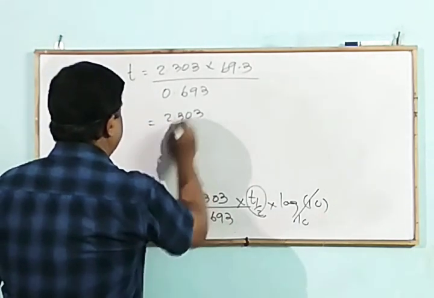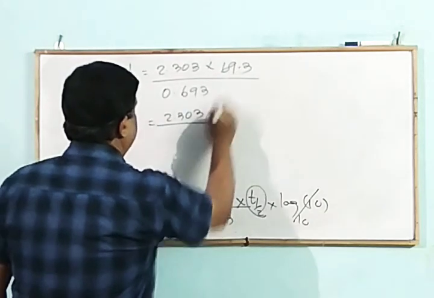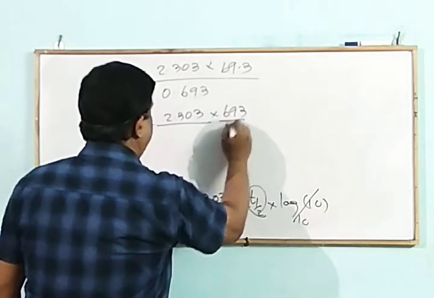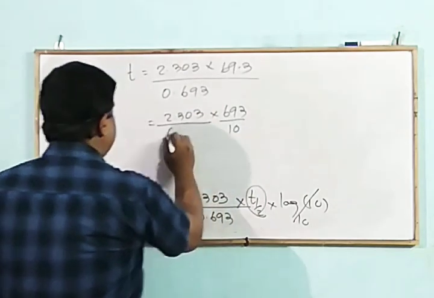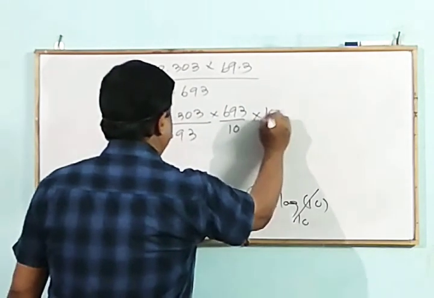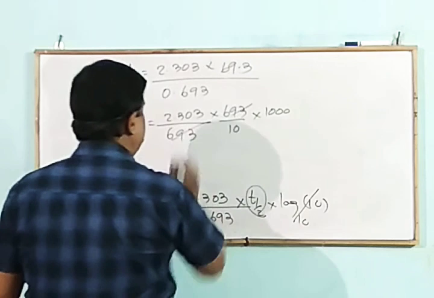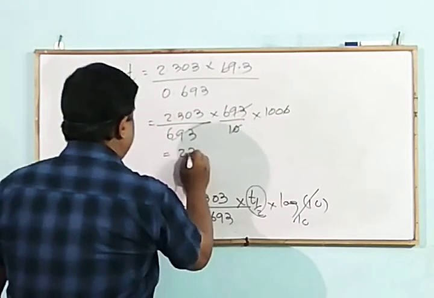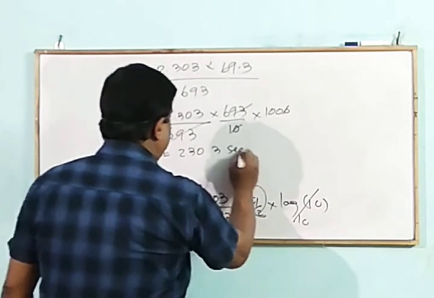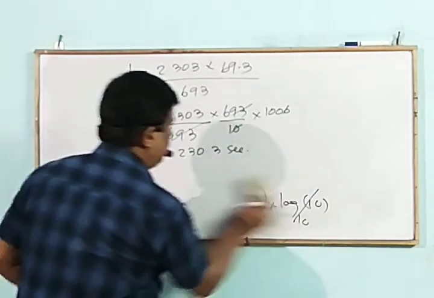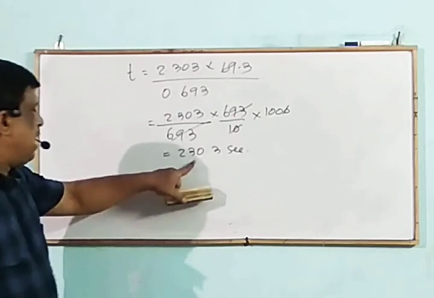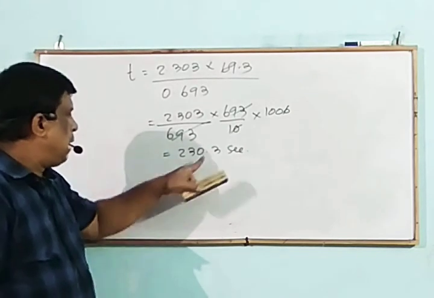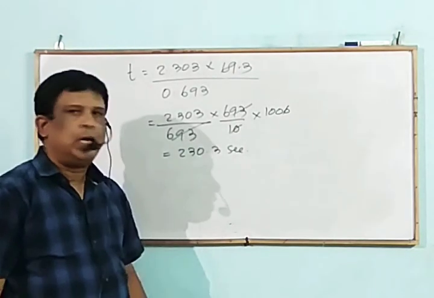That is 2.303 into 693 by 10, it is 693 into, cancel, that is 0 cancel, to 230.3 seconds. So the time required for completion of 90% is 230.3 seconds.